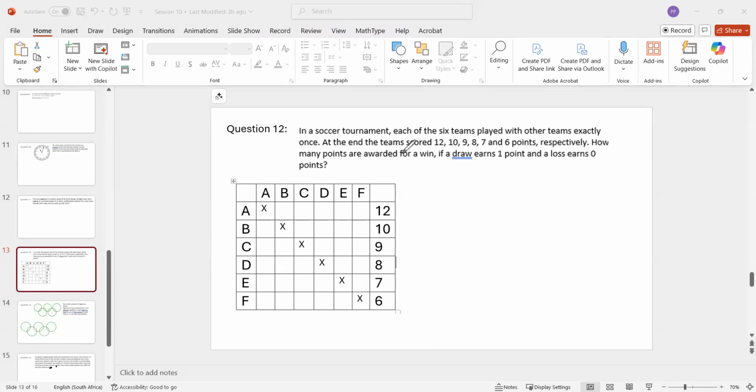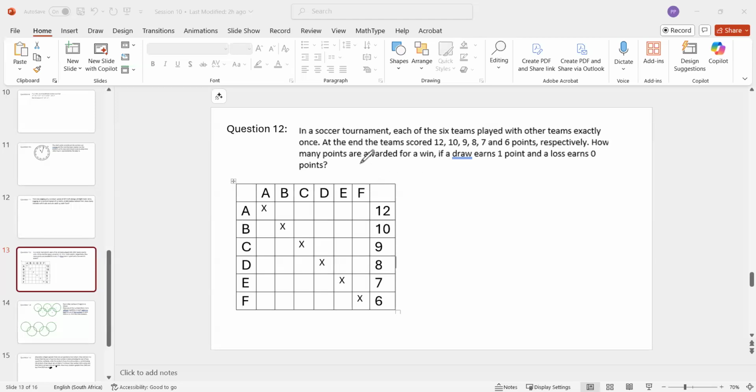At the end, the team scored 12 points. So I'm assuming that the top team was 12. I'm not giving them any names, so it doesn't really matter. 12, 10, 9, 8, 7, 6, right? And this is a score table here. So A plays B, A plays C, and so on.